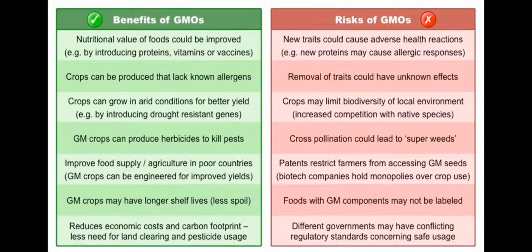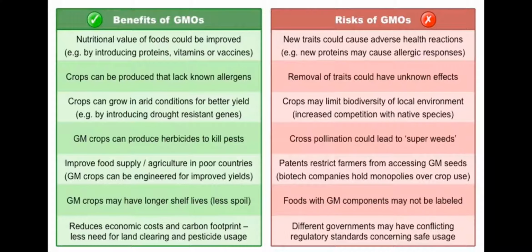Crops can grow in arid regions so they can have a better yield, and crops may limit biodiversity of a local environment. Another benefit can be that GM crops can produce herbicide to kill pests. Then risk can be cross pollination can lead to superweeds. Then another benefit can be GM crop may have longer shelf life. And another risk can be food with GM components may not be labeled.